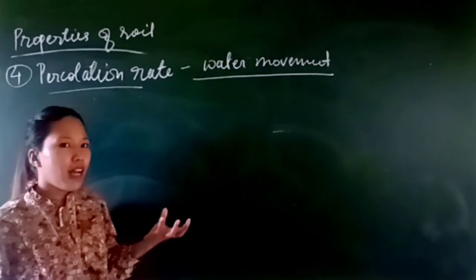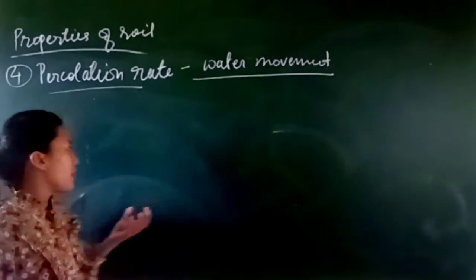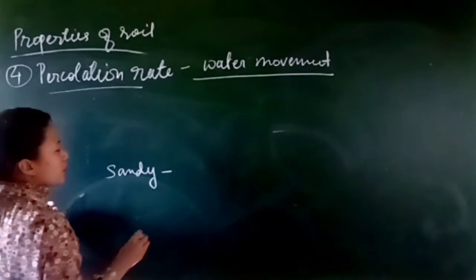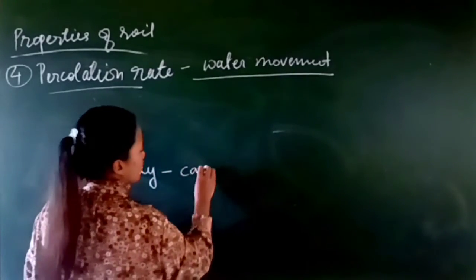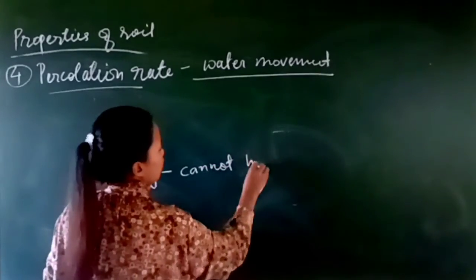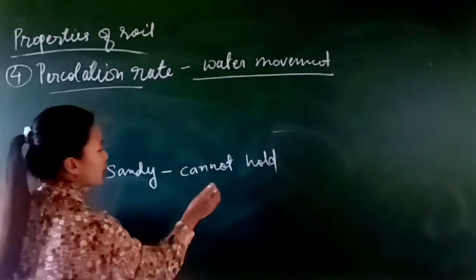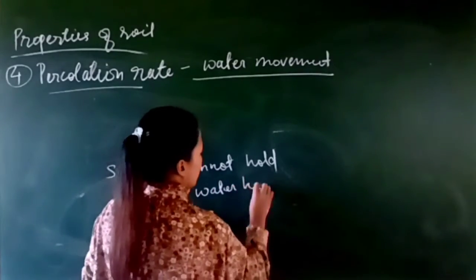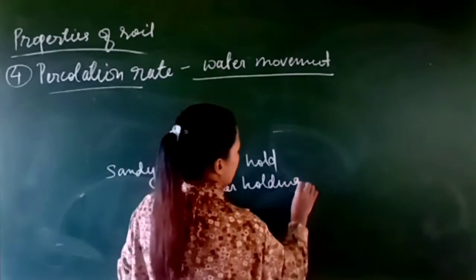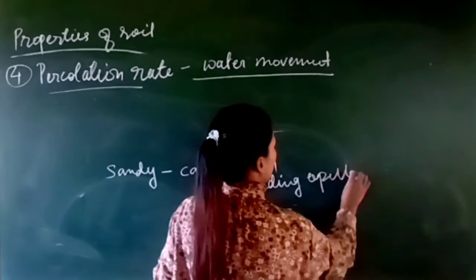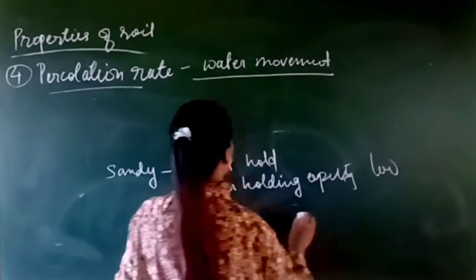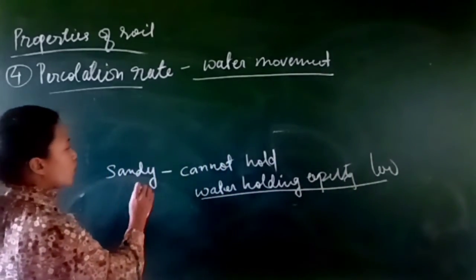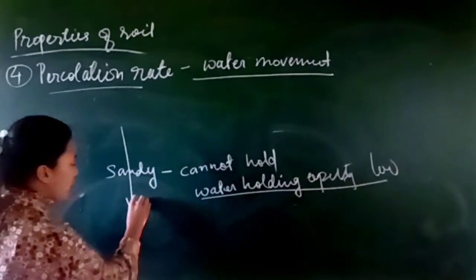Now sandy soil cannot hold water, so its water holding capacity is very low here. If the water holding capacity of a particular soil is low, then water will pass through it very fast.